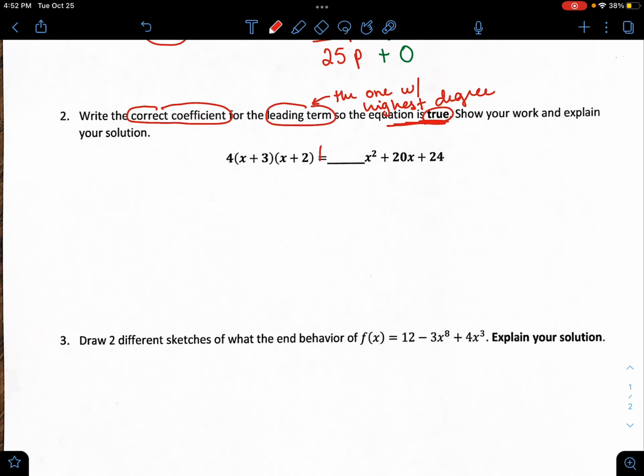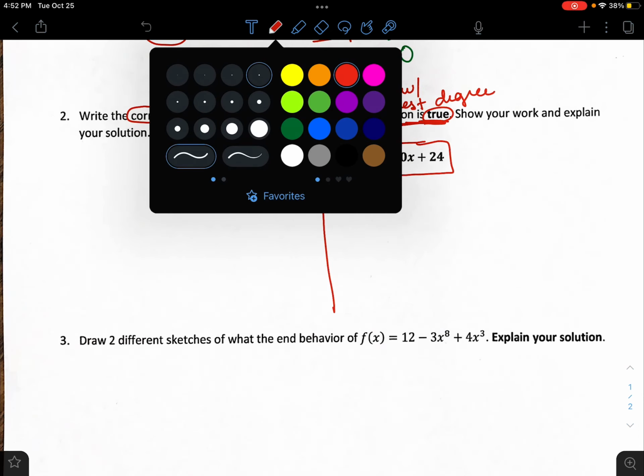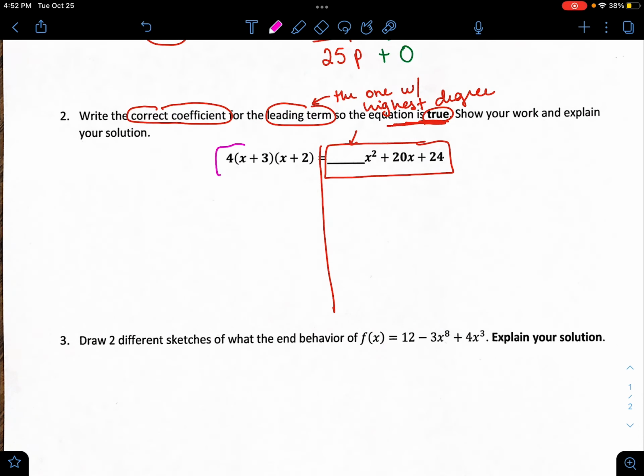So we have to equal here and find the missing value. So to do that, we have to multiply the left side. So here would be my suggestion. I would do this first. So let's use the box method.